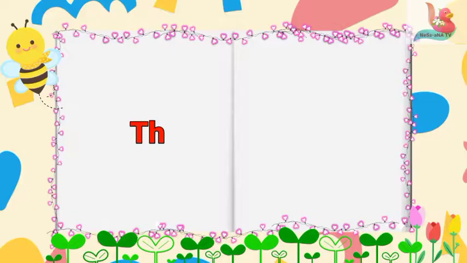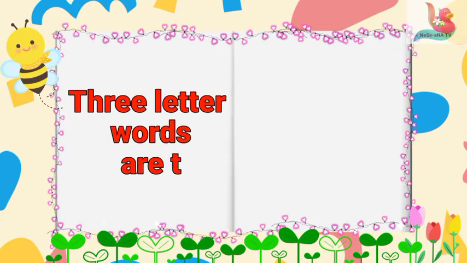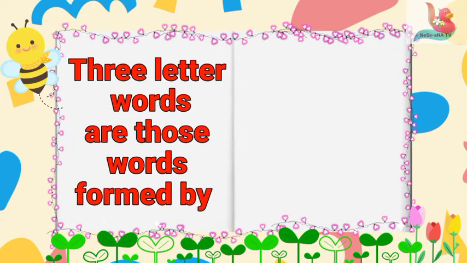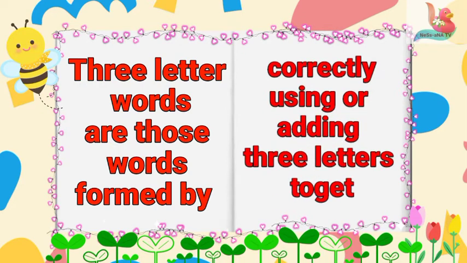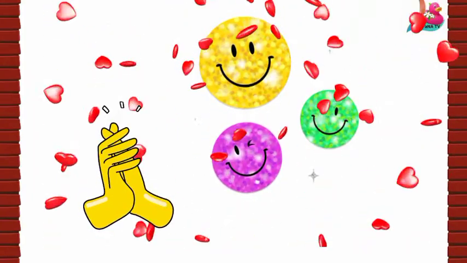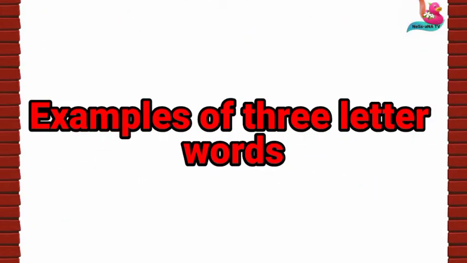We said 3-letter words are those words formed by correctly using or adding 3 letters together. That's beautiful. Okay, let's go to examples of 3-letter words. Or better still, let us form 3-letter words by adding 3 letters together.